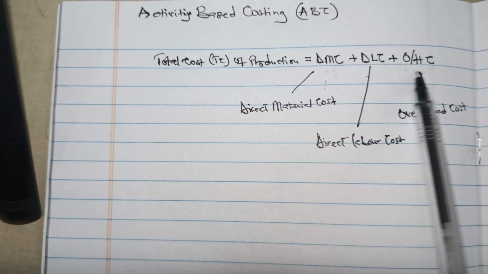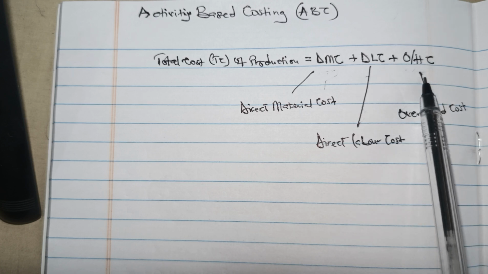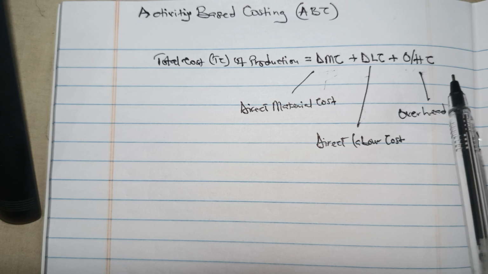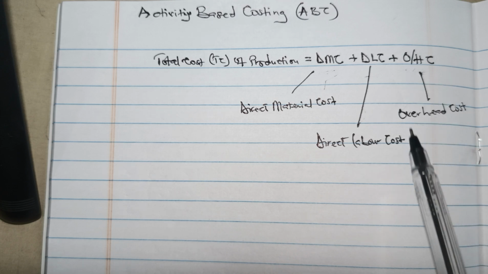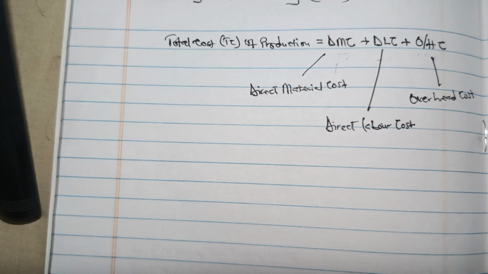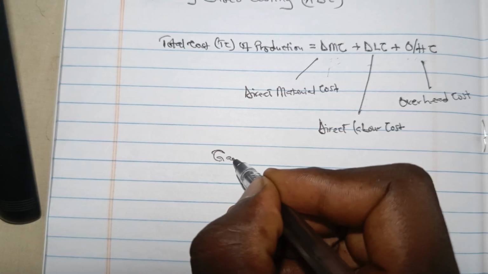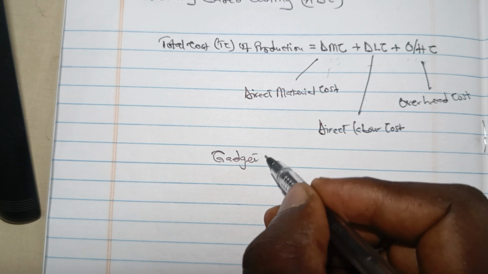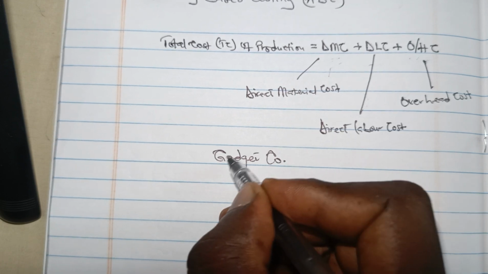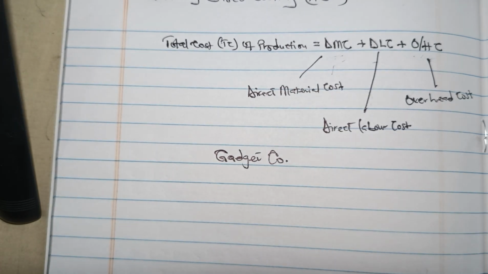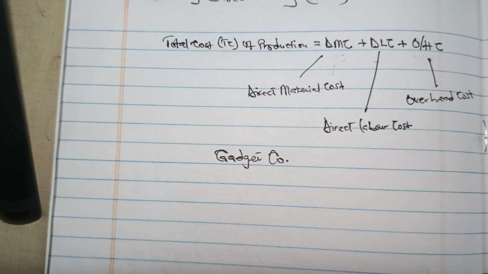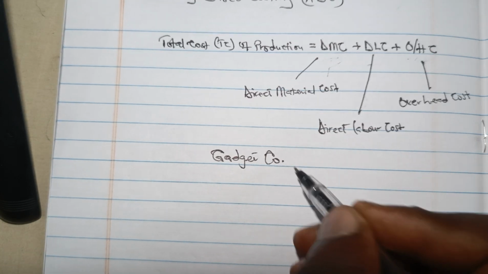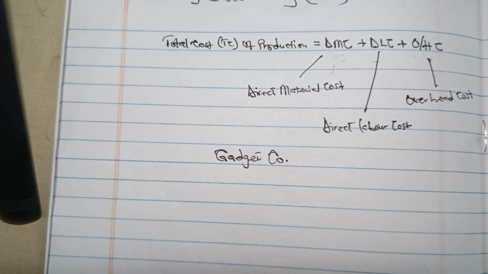So it is the overhead cost that you are going to apply either the traditional or the activity-based costing to. The company is Gadget Co.